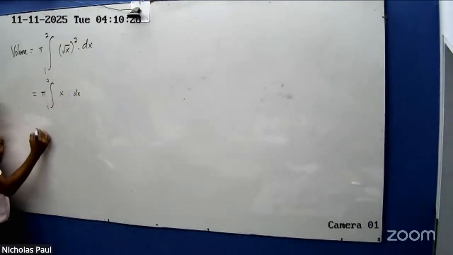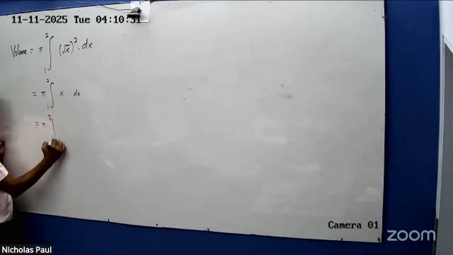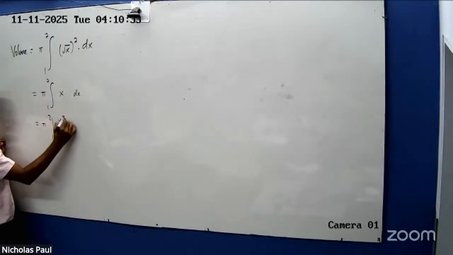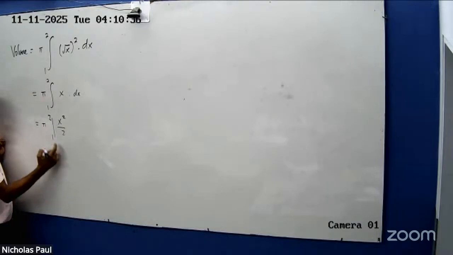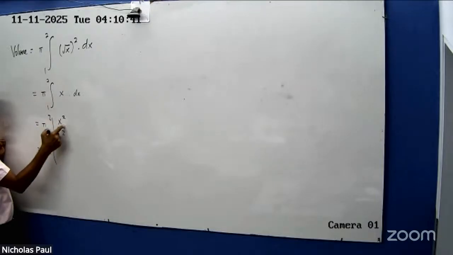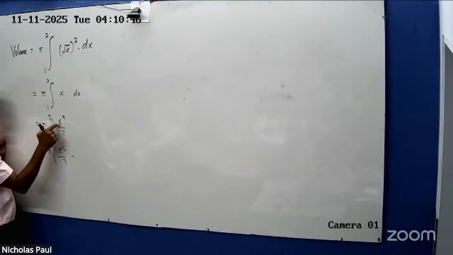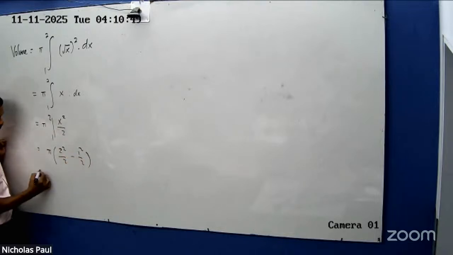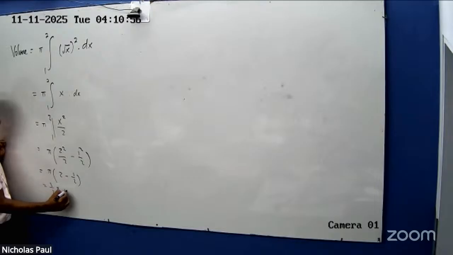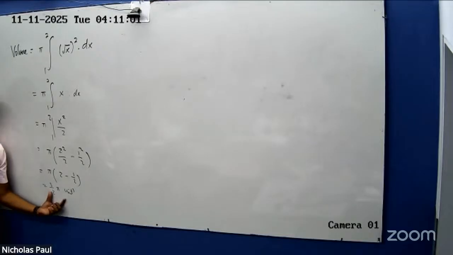After we integrate, the integral here is x squared on 2. Plug in your 2, that's 2 squared on 2, minus, plug in your 1, 1 squared on 2. So you'll end up with 4 on 2 is 2 minus a half. So I got 3 on 2 pi units cubed. You don't have to leave it like this. It's just that normally in questions they say leave it in terms of pi.